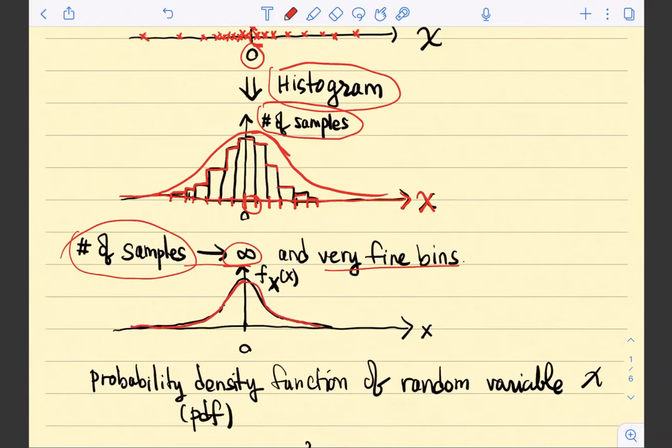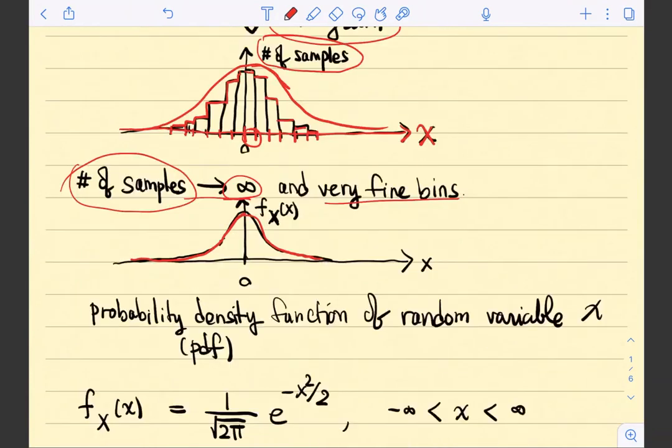Okay. So this is going to be some function that tells us if the x value is close to 0, there's a bigger chance, because there are a lot of samples here. So this graph, or this function, is what we call the probability density function, or PDF, of this random variable x.